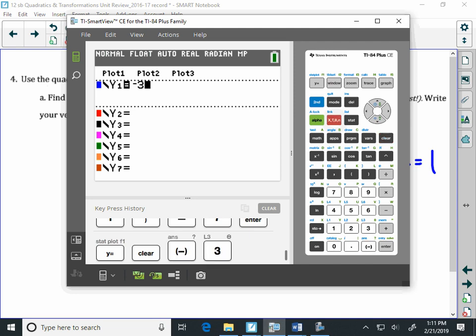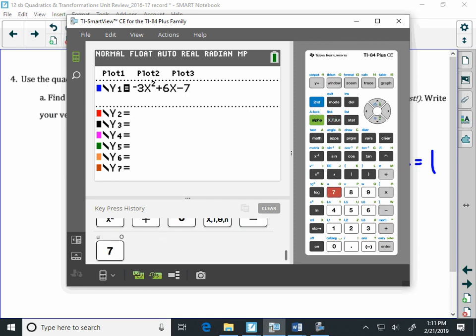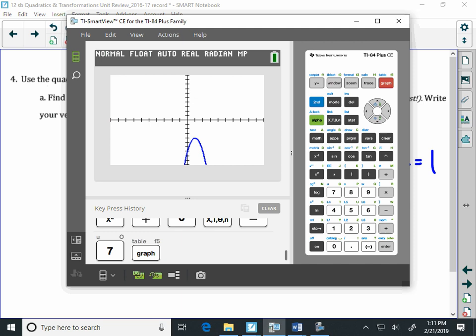Negative 3x squared plus 6x minus 7. And we can see enough to tell this point here, which we just found, 1, negative 4, is a high point in the graph.